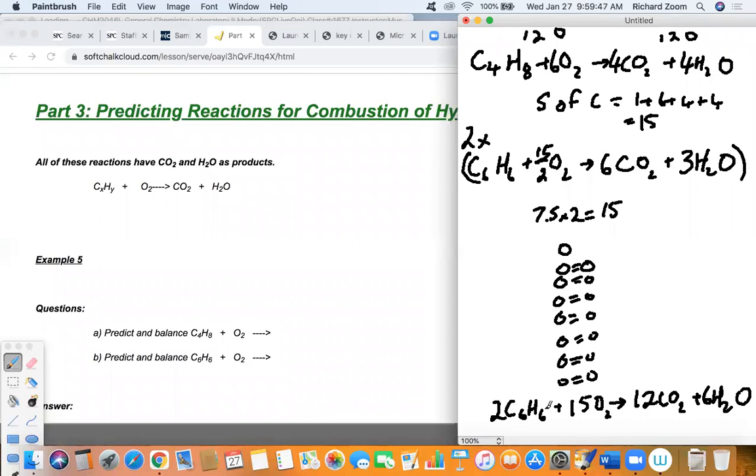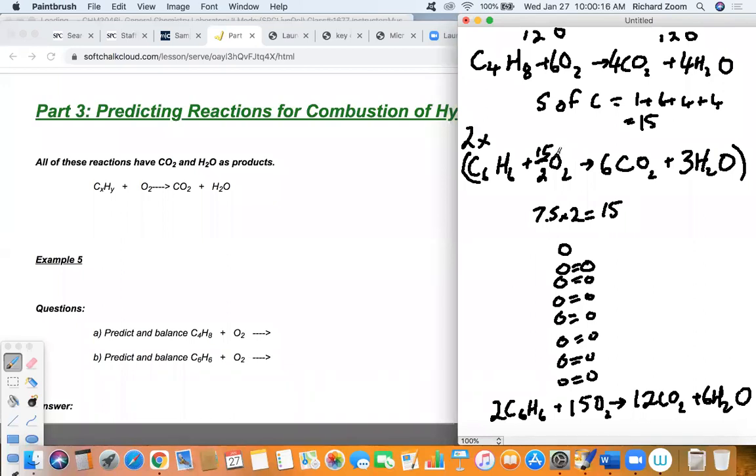We've got 2 times 6 is 12 hydrogens on each side, 6 times 2 over here. Over here we've got 15 times O2, which is going to be 30 oxygens. Here we've got 12 times 2 is 24 plus 6 is 30. So it does balance out. But you'll notice that for this one, we had to multiply by 2 and the other one we didn't. Does anybody have any questions so far?